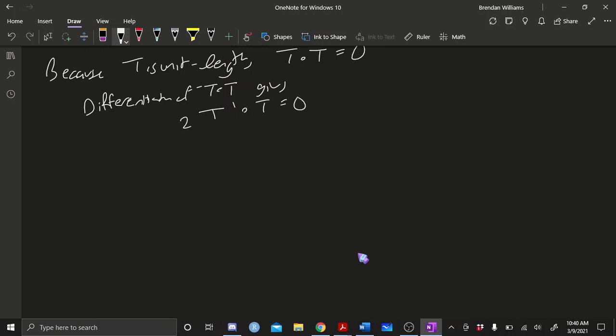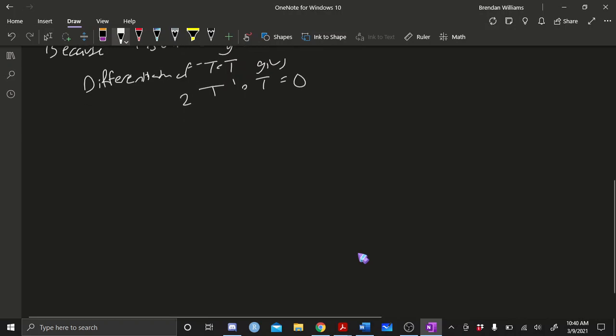And what this tells us is that T prime is always orthogonal to T. And so what is T prime? We can describe it as the turning of beta.